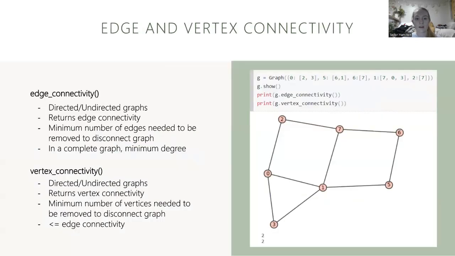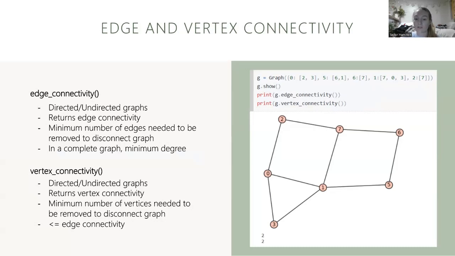And then I have edge and vertex connectivity operations. The first one I want to talk about is edge connectivity, and intuitively this returns the edge connectivity of the graph. That's the minimum number of edges needed to be removed to disconnect the graph. In a complete graph, this is also the minimum degree.